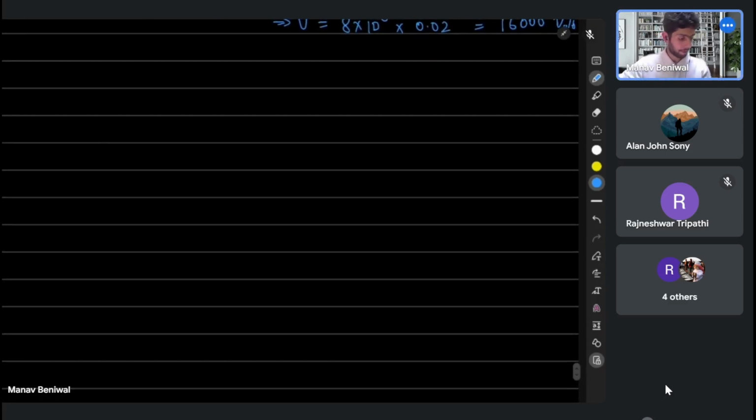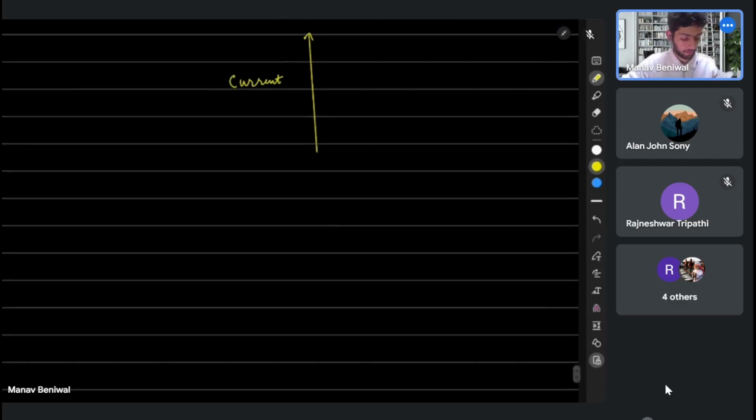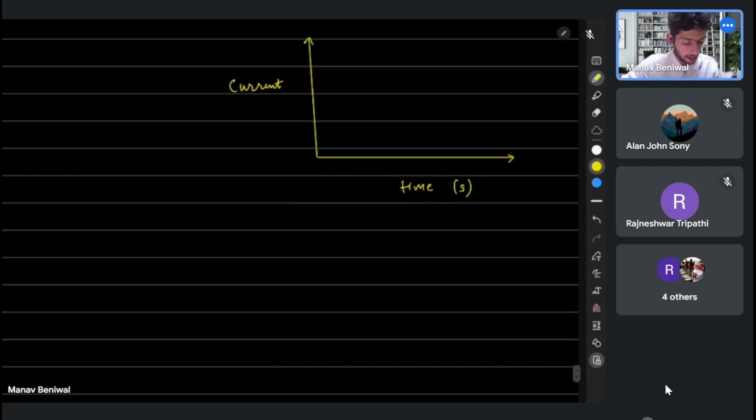So let me draw one current versus time graph. Let's say this is your current axis, this is your current, and this is your time, and the dimensions for this are seconds, and for current, ampere.